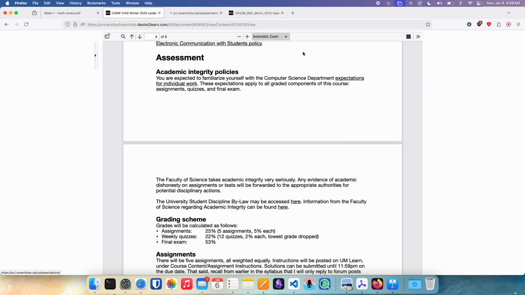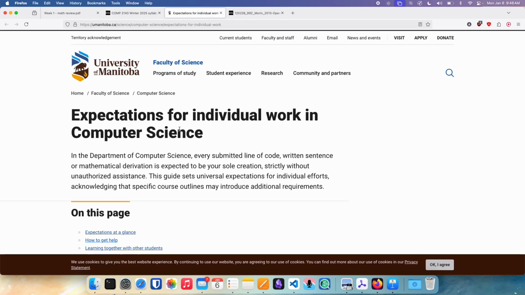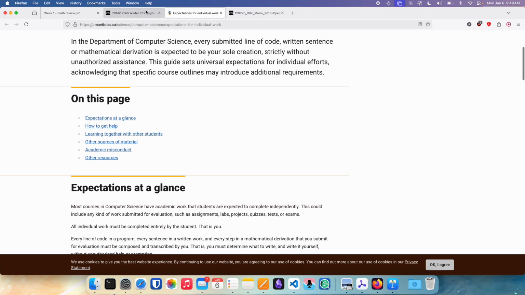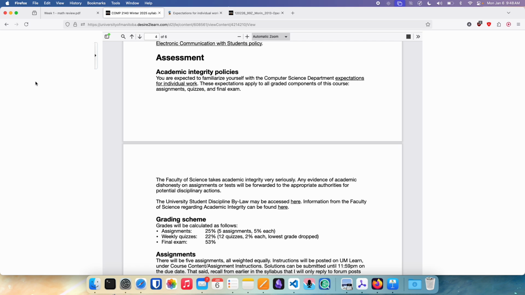Wait, there we go. There is a page that clearly outlines what the university expects from you in terms of what it means to avoid plagiarism and not cheat. So if you have any doubts, in the gray area of doing work yourself or not, check out this page. And a bit more on that: asking questions is completely fine.